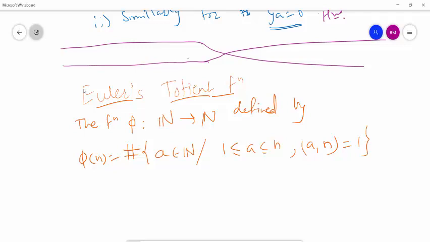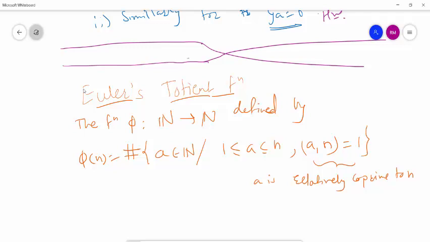This is also called relatively co-prime. In other words, A is relatively co-prime to n. Mathematically we can write this.